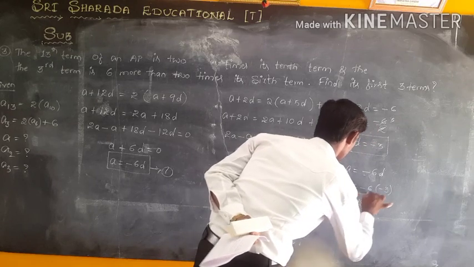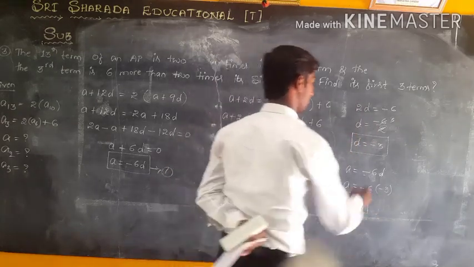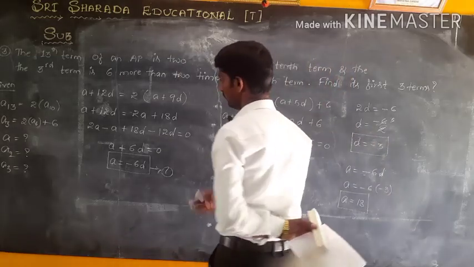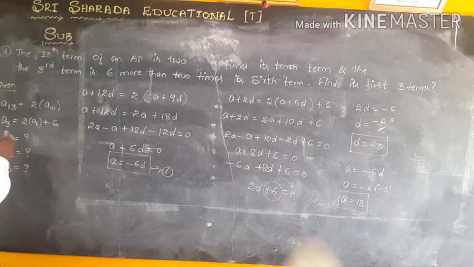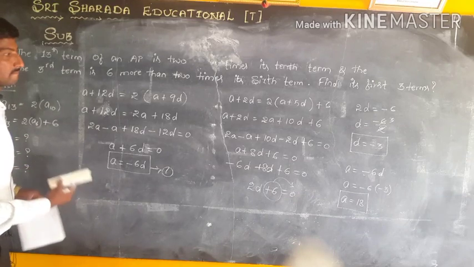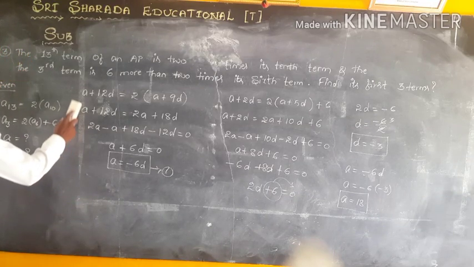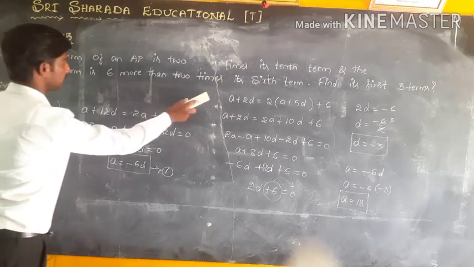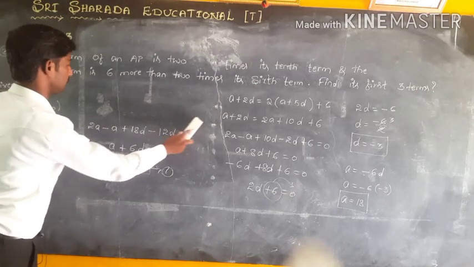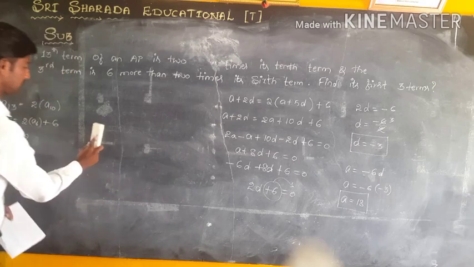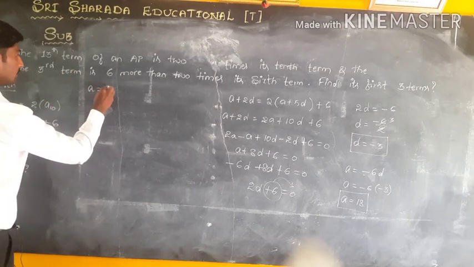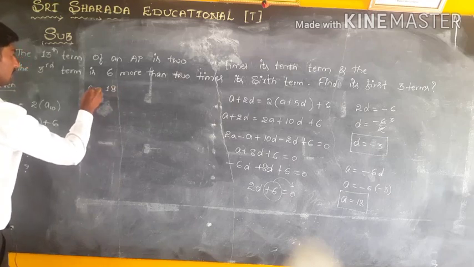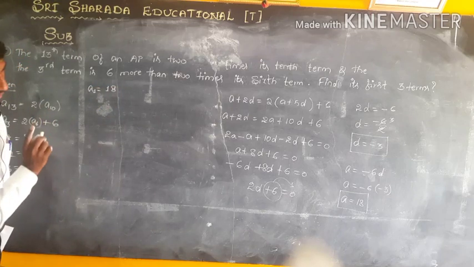So the first term we know, the common difference we know, then we can easily find A2, A3. A is equal to 18, it is nothing but A1, the first term.